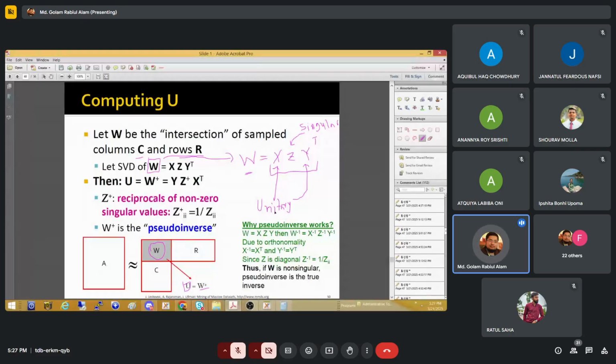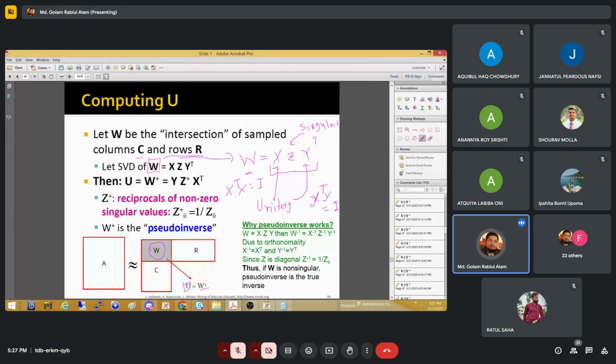Then for the unitary matrix, specifically we can say a matrix is unitary if X transpose X equals I, that is the identity matrix, and Y is also a unitary matrix, so Y transpose Y will also be the identity matrix.